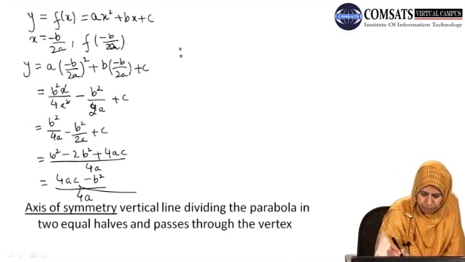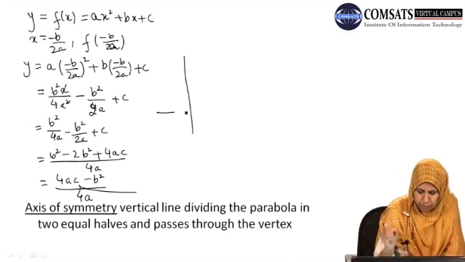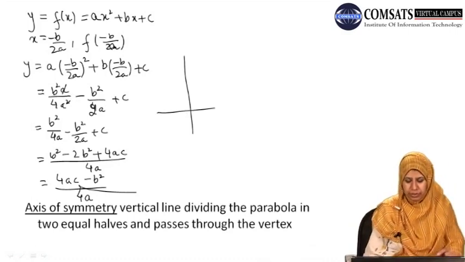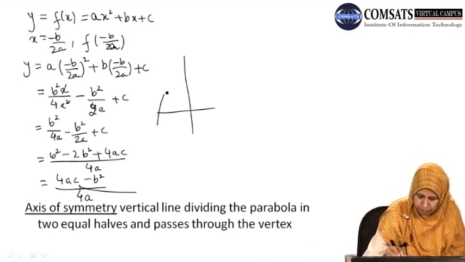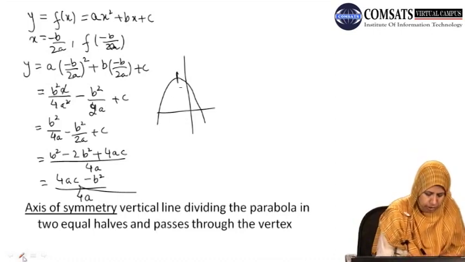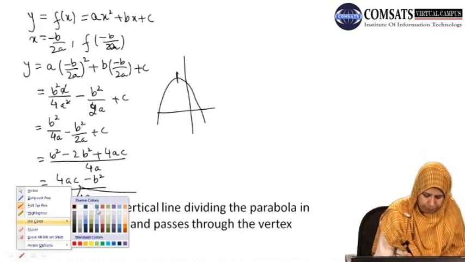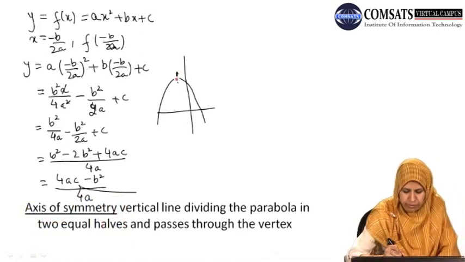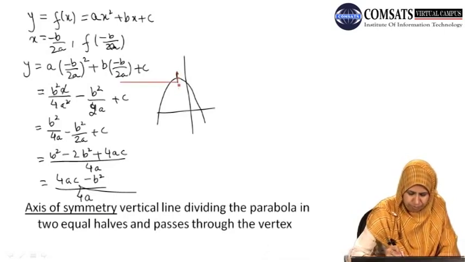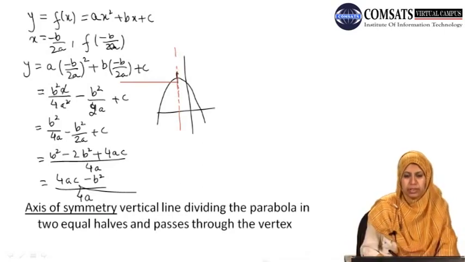And the vertex is a point that, what do we mean by the axis of symmetry? Suppose this is our graph with this point as the vertex, and we pass a vertical line through this point, that is the vertex.